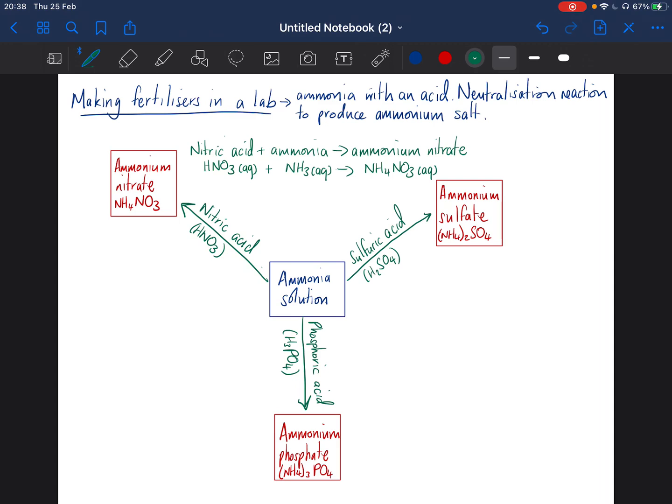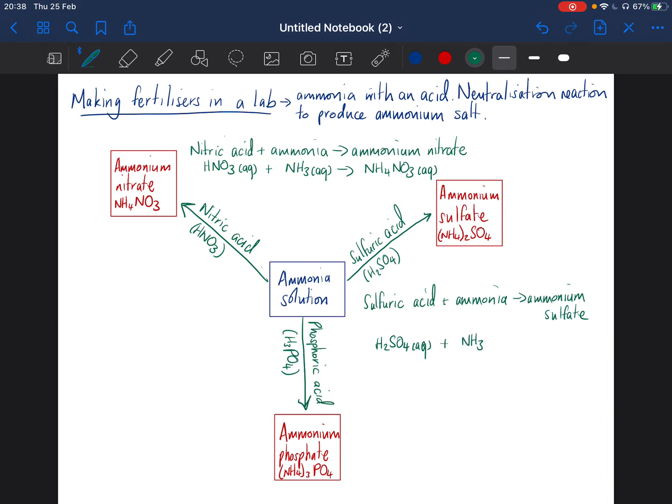So let's have a look at what happens when we make ammonium sulfate. We're going to react sulfuric acid with our ammonia, and that's going to make ammonium sulfate. And I've just realised I'm going to run out of space, so I'm just going to squash that there. So if we have our H2SO4 AQ, remember you will probably be asked to include the state symbols on these equations as well, so please remember to do that.